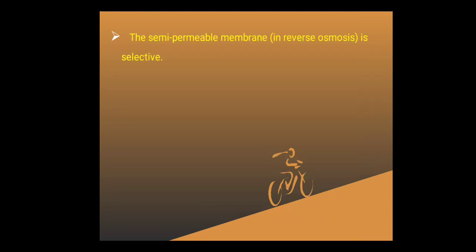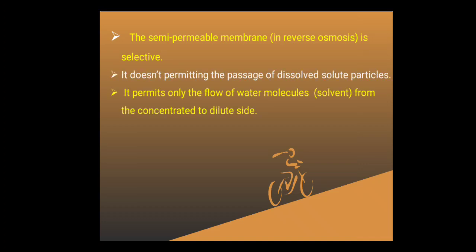The semi-permeable membrane in this process is a selective membrane, which means it selects some of the ions to pass through it. It does not permit the passage of dissolved solid particles. It permits only the flow of water molecules, that is the solvent, from the concentrated to the dilute side by applying pressure.